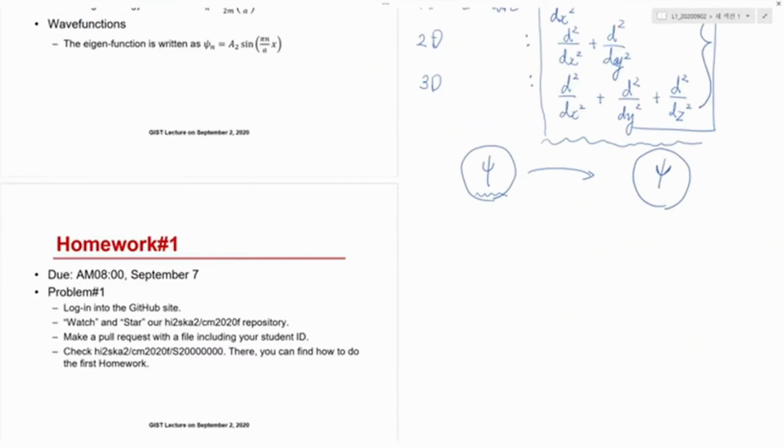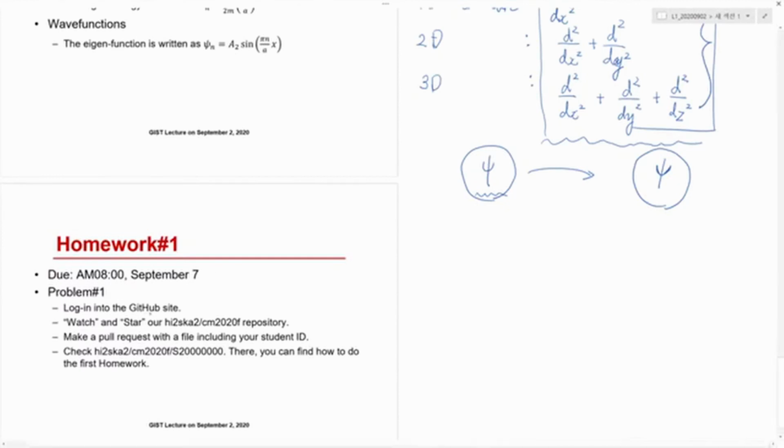Okay, so then finally, let's move to homework number 1. The homework should be uploaded by next Tuesday, just before our lecture 2 starts. And how to do that?